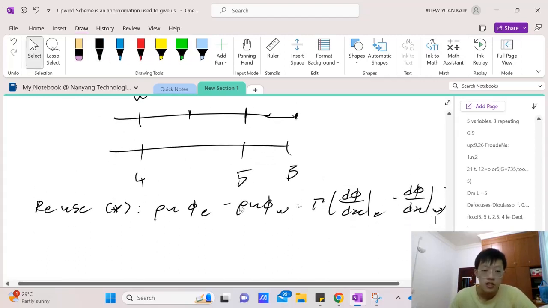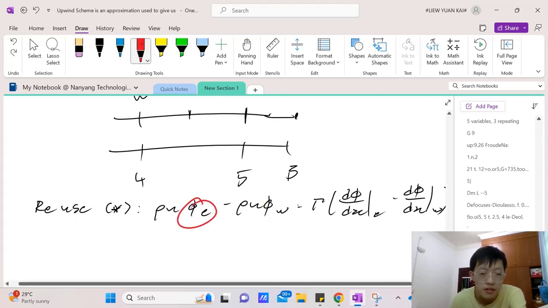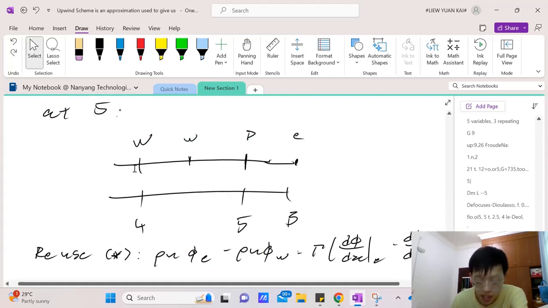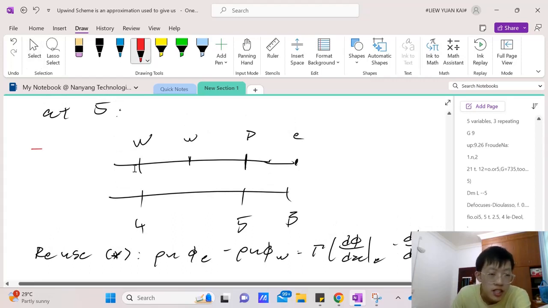Okay, so let's have a look. We have to do our approximation now. So again, we don't know phi E, we don't know phi W. So let's use the upwind differencing scheme because they are from the convection term. So for the convection term, we need to know the fluid velocity going right side. So who is phi E?